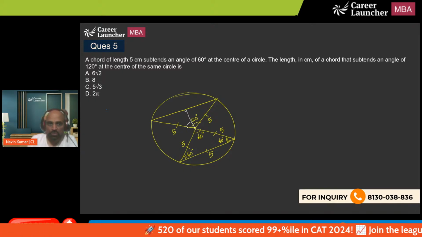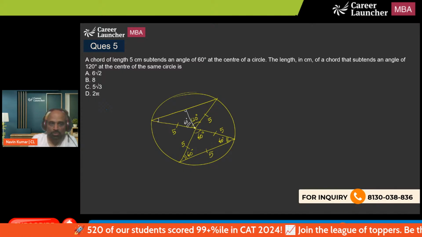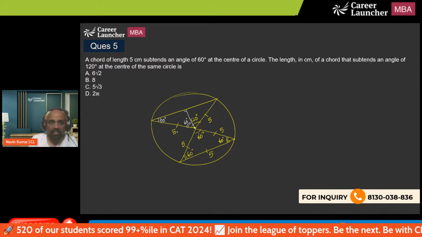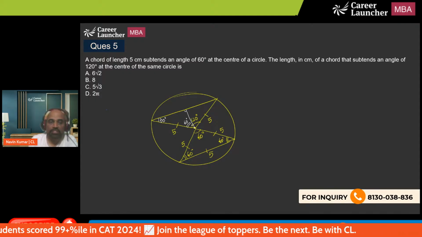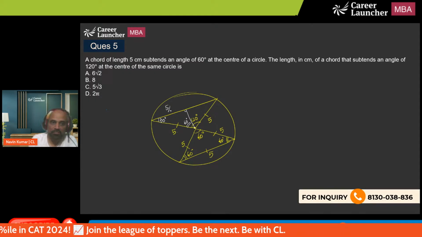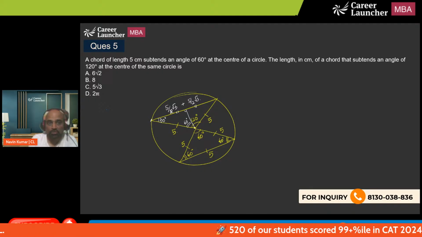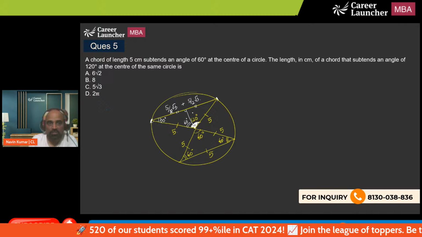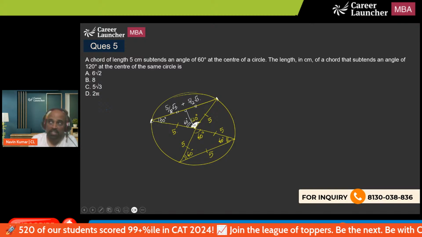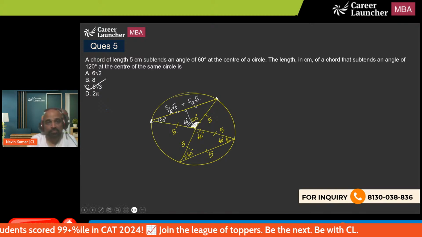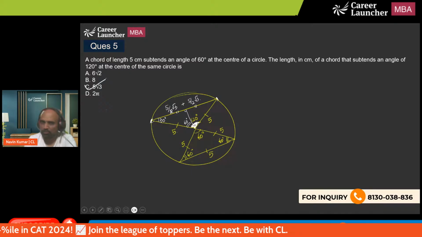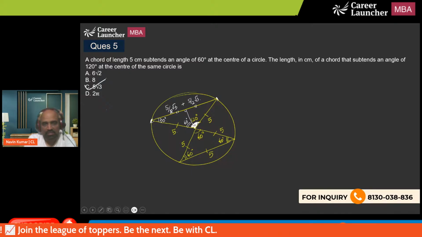So this is going to be 60 degrees. This is going to be 30 degrees. 90 ke opposite, if we have a 5, then 60 ke opposite, we will have 5 by 2 root 3. Same thing will happen on the other side because it's an isosceles triangle. So the total length of the chord, which subtends an angle of 120 degrees at the center, will be 5 root 3. It will obviously not be in terms of pi.